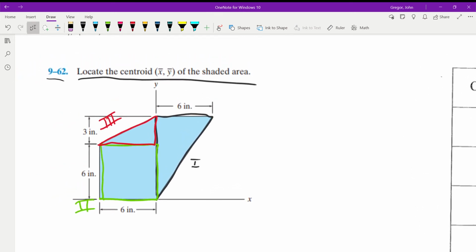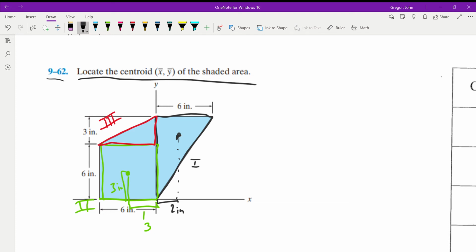First, I'm going to locate the centroid of each one. The centroid of the square is going to be in the middle, so it's 3 inches, and 3 inches height-wise. For the triangles, it's going to be 1/3 to get the x value, so that's 2 inches.